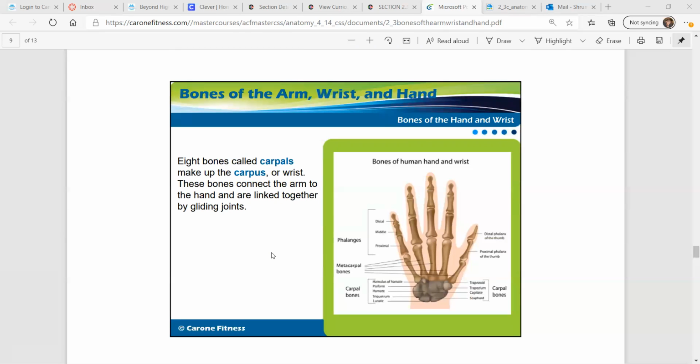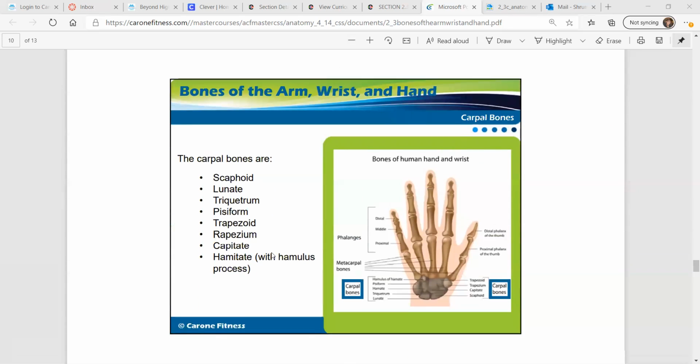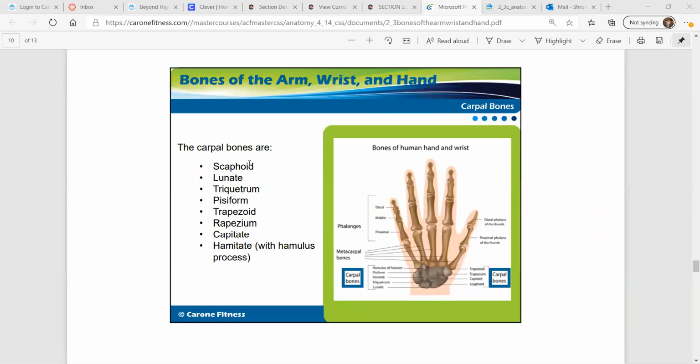These bones connect the arm to the hand and are linked together by gliding joints. This lists the carpal bones here. And this gray area towards the wrist is all the carpal bones.